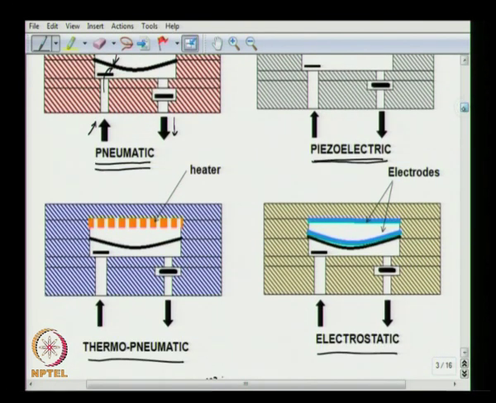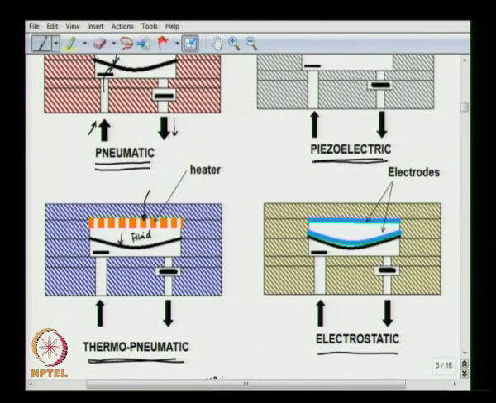And in the non mechanical thermopneumatic pump, we would have heaters, and there will be a fluid present here, and when you supply a thermal pulse, the fluid will evaporate and there will be nucleation and bubble growth. So, that would actuate the membrane, depending on the heat pulse onto the heater.